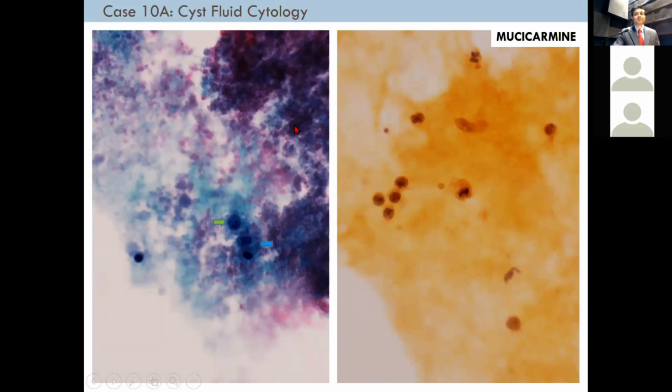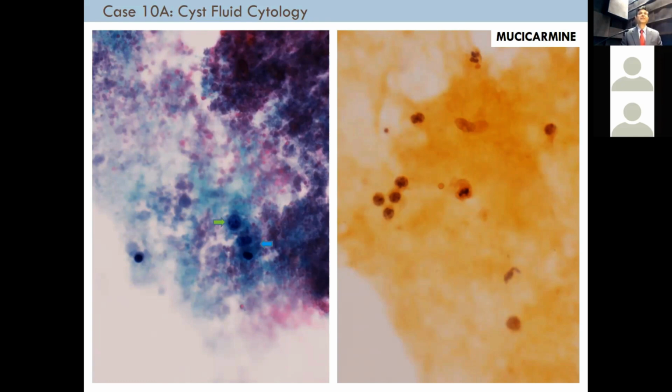This is the cytospin preparation from the first case. As you can see, it shows a lot of debris in the background and very few cells with round dark nuclei. You cannot make out the chromatin easily because of a significant amount of degenerative changes. So this was called negative because of the paucity of cells and no definite worrisome features.